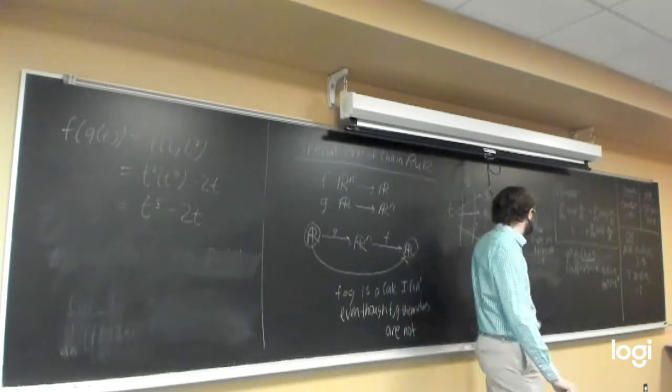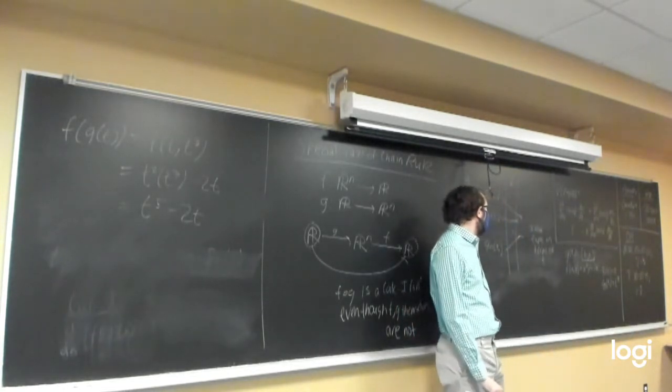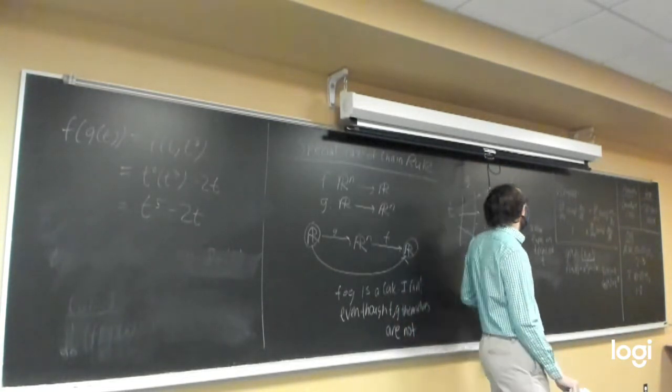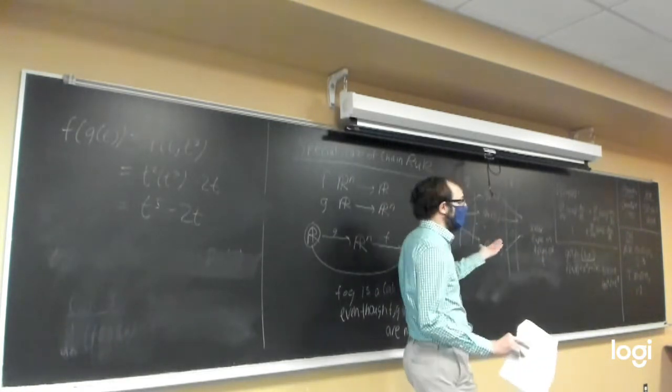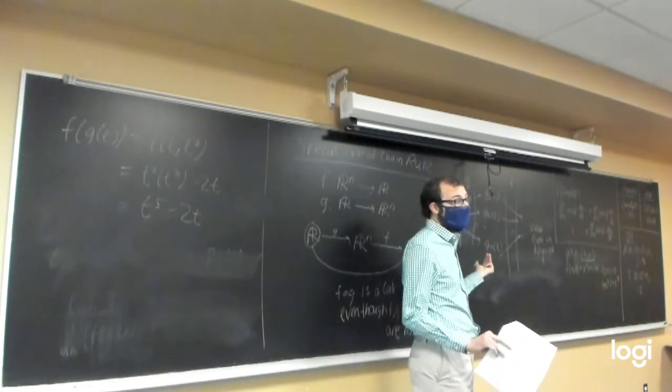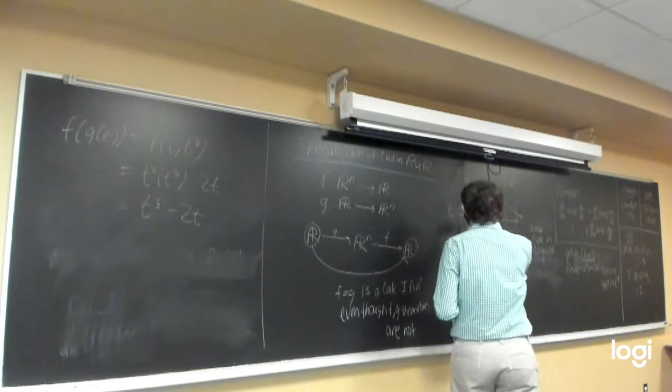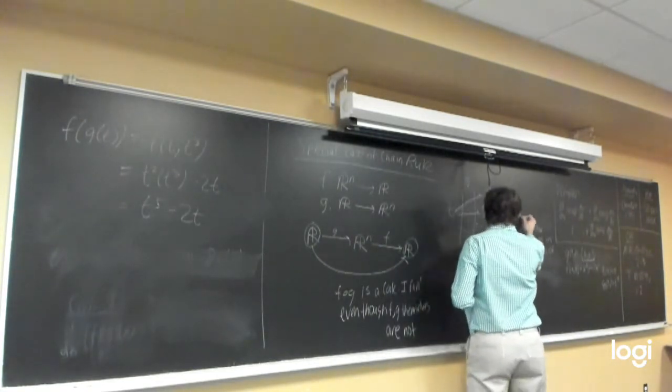And according to this formula, the way that we would differentiate the composition of doing g first and then doing f is we would travel along the different arrows.